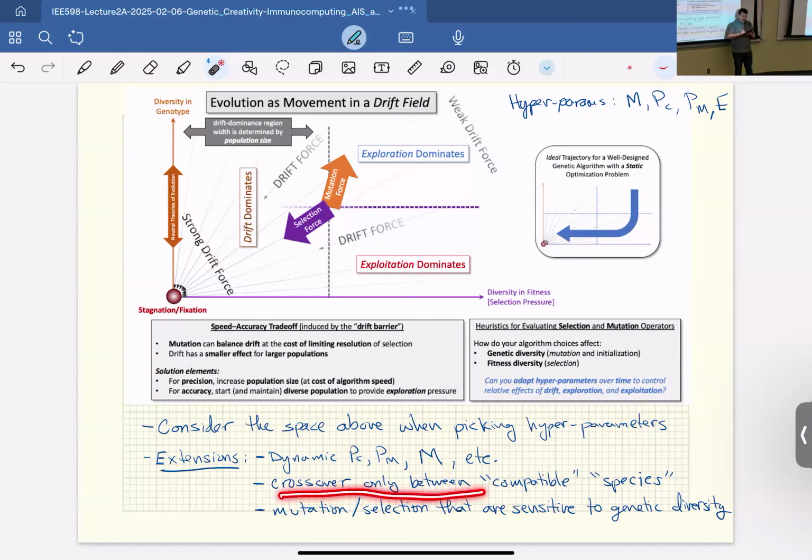There's things that restrict crossover between compatible species. If you have a candidate solution that is very, very different from another candidate solution, like it has a totally different set of genes, then if both candidate solutions have okay fitness, swapping half of the genes may not be a great idea because they kind of work with a totally different theory of operation.